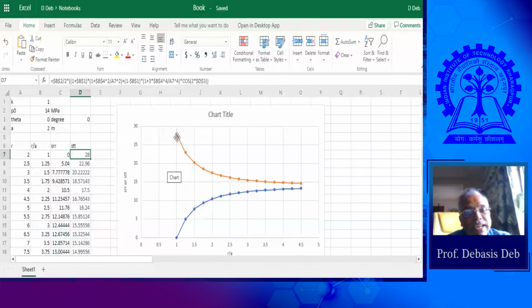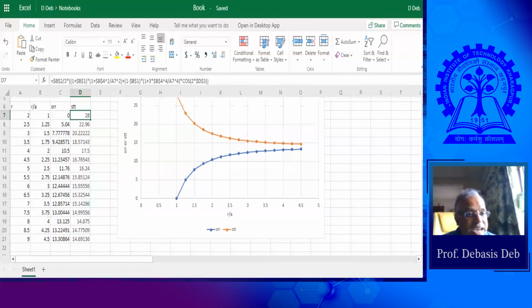Now, as you are going inside, you see how quickly it is falling down and how quickly it is rising. The blue one is quickly rising towards 14, and the tangential one is quickly falling towards 14. Here, quickly means I have gone up to 9.